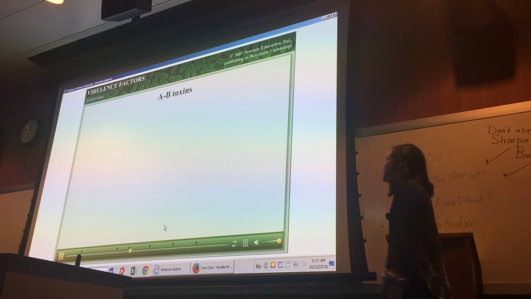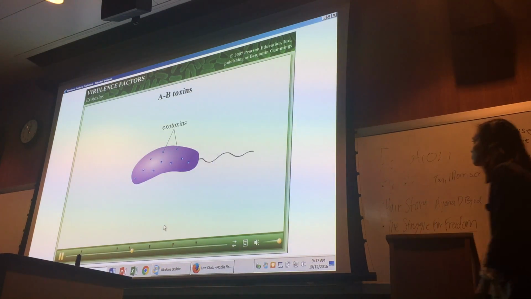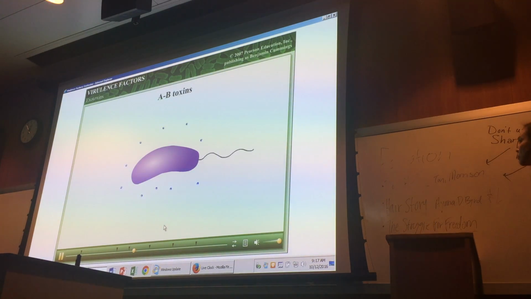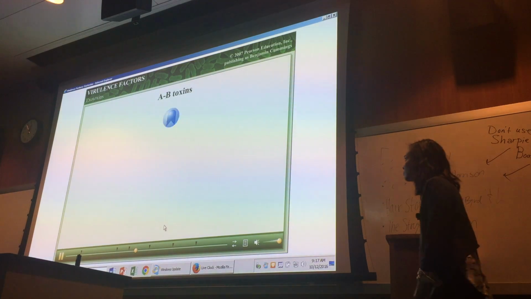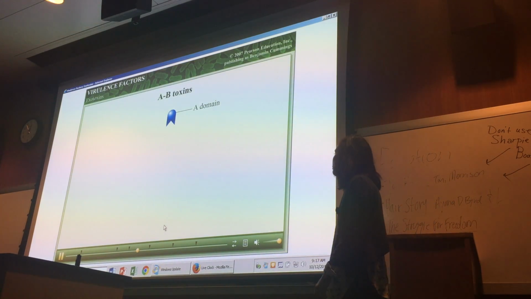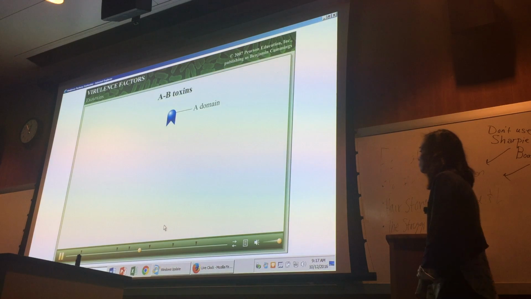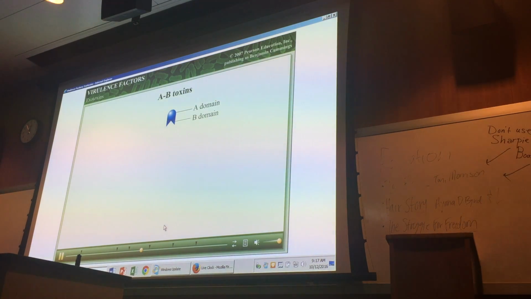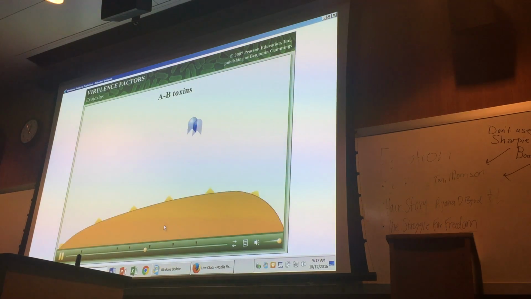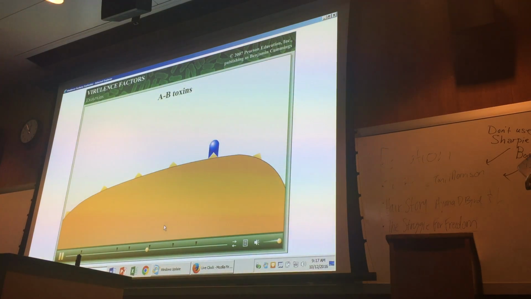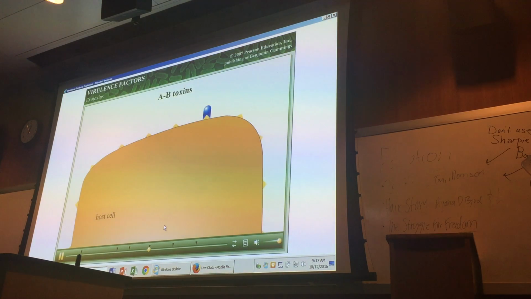Most exotoxins are proteins with two domains, A and B. The A domain of the exotoxin is an enzyme that has a particular function. The B domain of the exotoxin is the binding component. It binds to a specific receptor, usually a carbohydrate on the host cell.